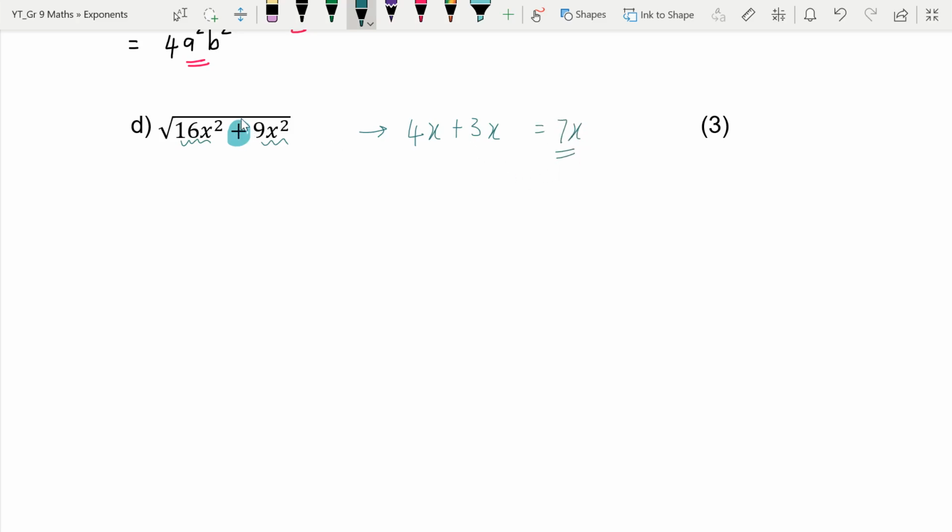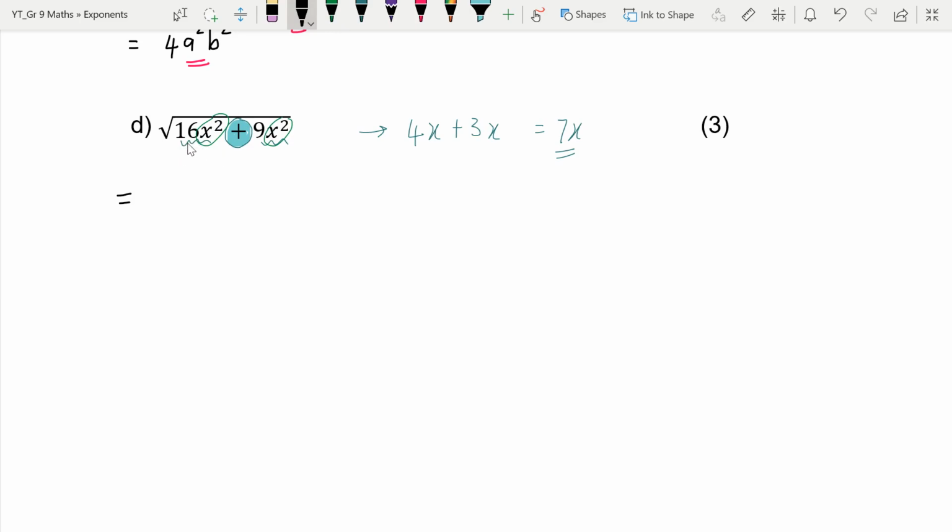But according to our square root laws, and we can test this as well, when we've got two terms underneath the square root, we can't break it up and get the square root of the one and the square root of the other. We need to simplify what is underneath the square root. So they are like terms. We've got our x squared and our x squared, so we can put them together, right?